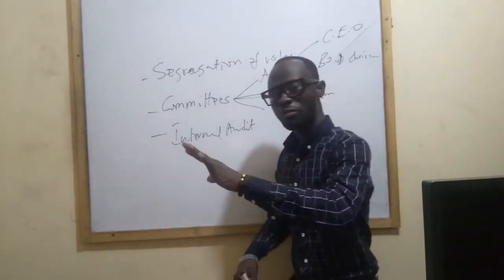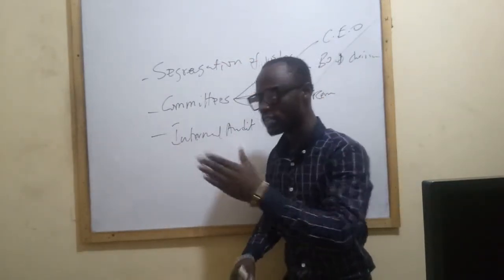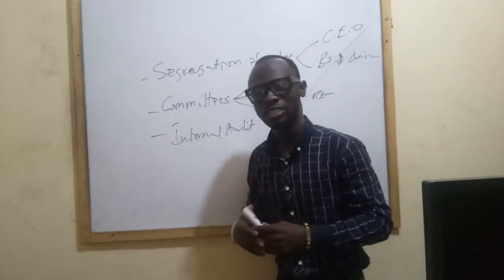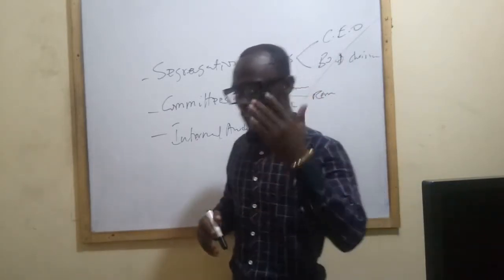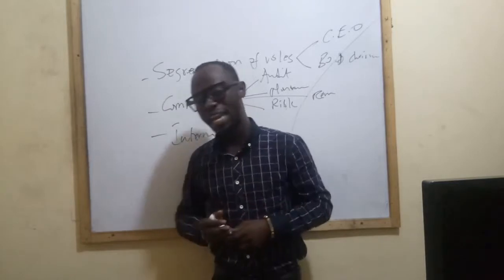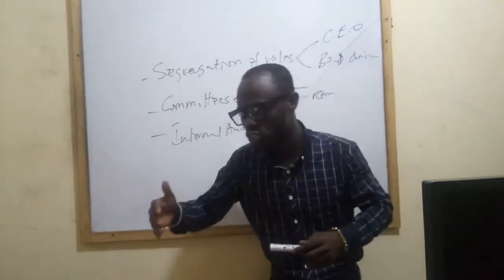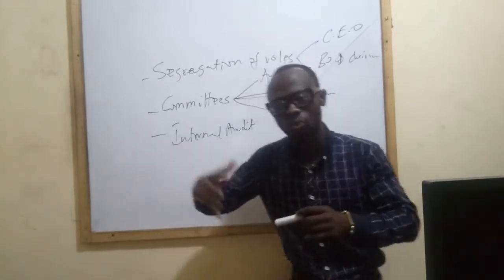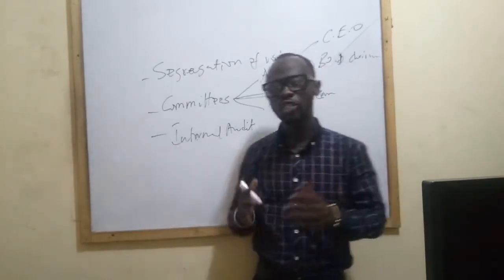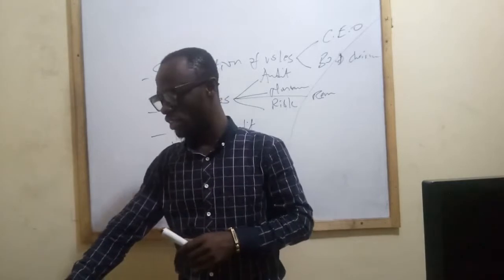So value for money assessment or audit has to do with economy, that is obtaining the least cost; efficiency, making the best use of the resources; and then effectiveness, whether the thing is achieving the objective for which it was intended in that order.